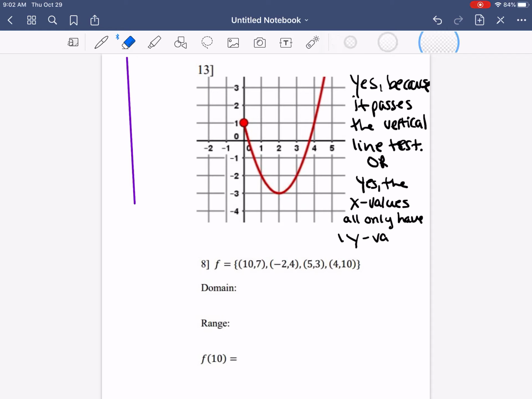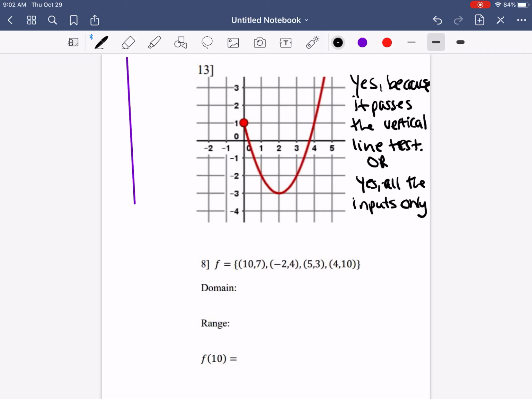Well, actually, we should say, sorry, all the inputs only have one output. Remember, that was our definition for a function from the other day. So you could use either one of those definitions, those reasonings.